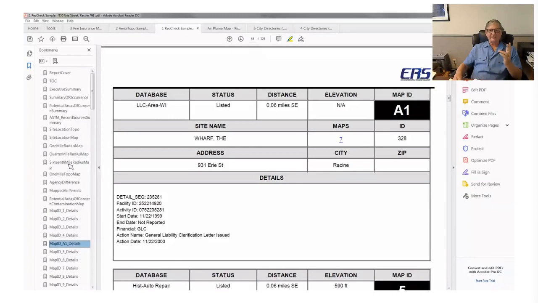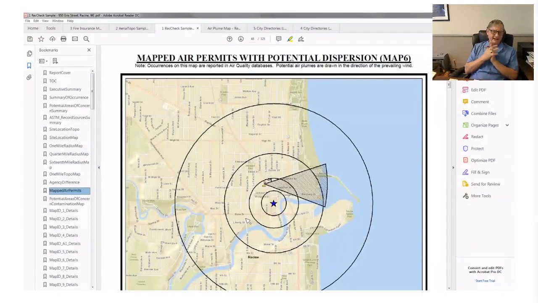So we got that, but one of the things we haven't looked at, and we probably should, is mapped air permits. What is an air permit? An air permit is a license to release hazardous materials, volatile organic chemicals into the air. That's exactly what it is. It's usually dry cleaners, printers, manufacturers that use a lot of solvents, automotive cleaning parts areas, that kind of stuff, auto body, spray paint booths release a lot of volatile organic chemicals.